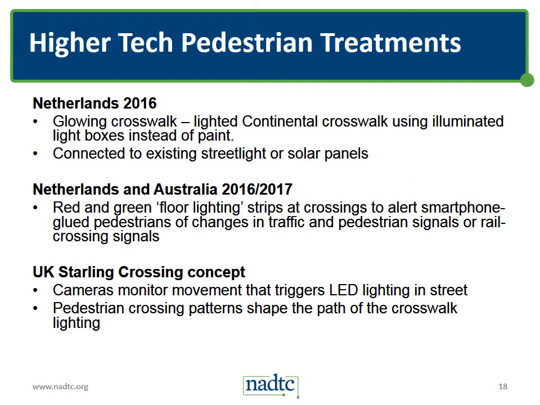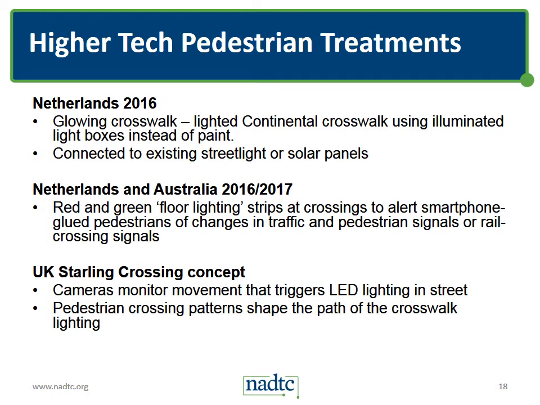And so what about the future of pedestrian crossings? On slide 18, we have a few examples of where LED lights are being used in Europe to make traditional crosswalks more visible. And in the Netherlands and Australia, what they call floor lighting has been placed in pavement to warn smartphone-glued pedestrians who are looking down whether it's time to cross or stop. And this is typically an alternating green or red light that's found in the pavement.